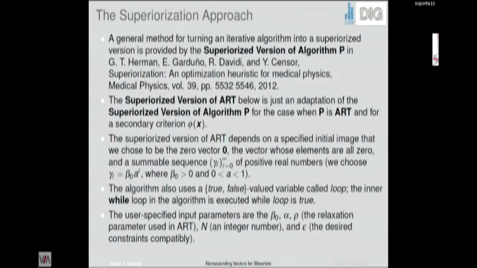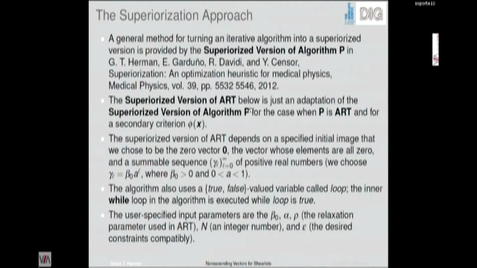So how does the superization work? A general method for turning an iterative algorithm into a superization is written up, in my opinion, in a number of places, but this is my favorite, in a paper in medical physics.